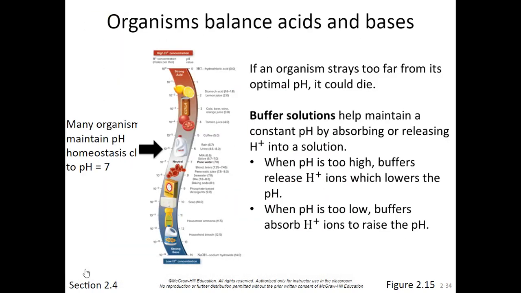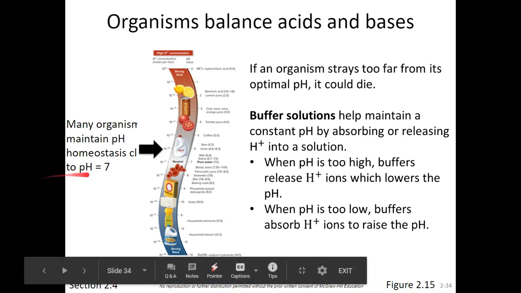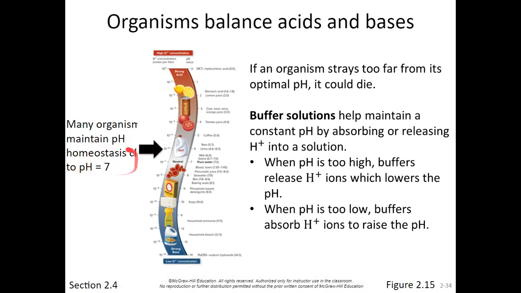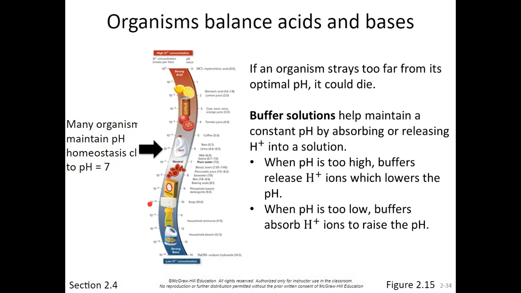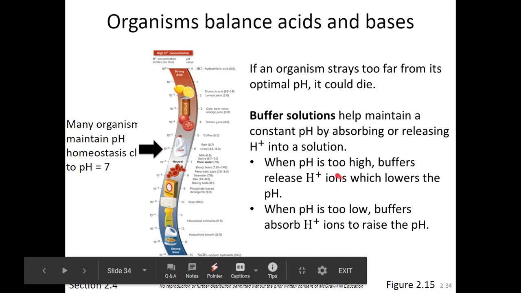You can see if an organism stays too far from its optimal pH, it dies. That's why we have to have a normal pH in our blood, which is known as homeostasis. In case of that, that is your pH 7. So our blood has a different pH, our body has a different pH. So the stomach has a different pH.